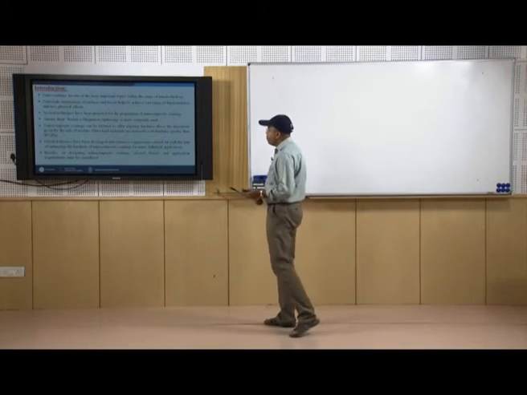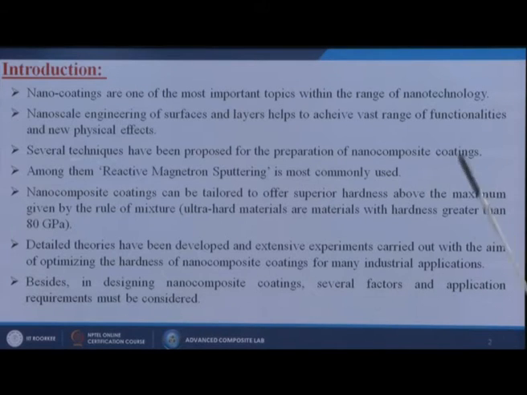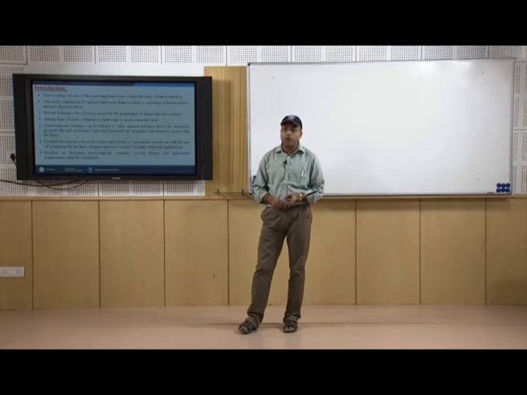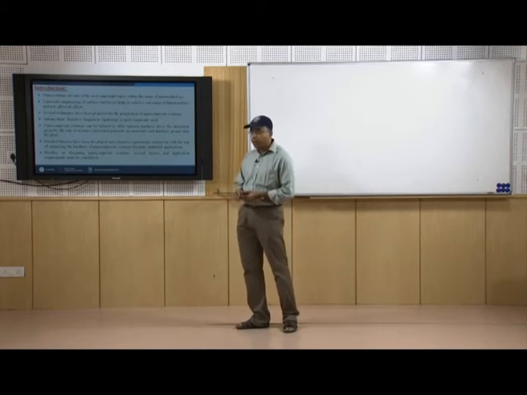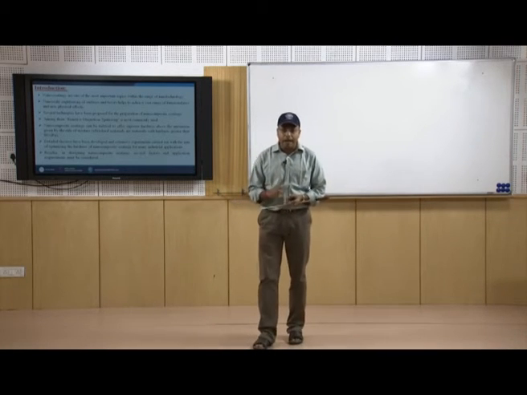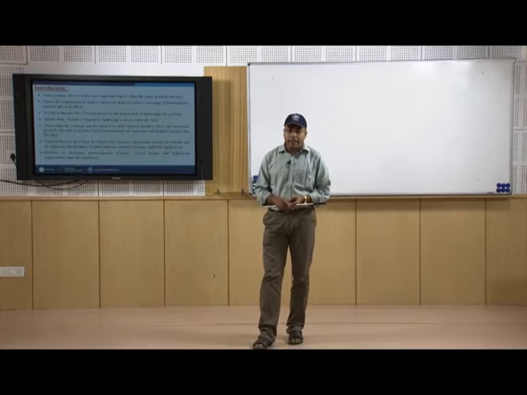Several techniques have been proposed for the preparation of nano composite coatings. These different types of advanced nano composite coatings we have already discussed in our last several lectures, like PVD, CVD, ion sputtering, ion deposition, ion implantation, and also how we modify by the sol gel technique and some electro deposition techniques.